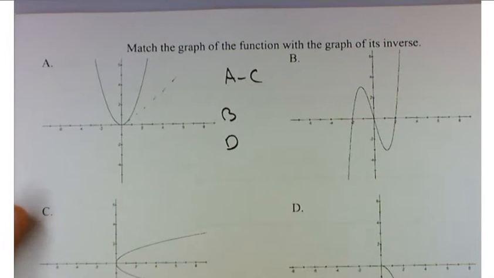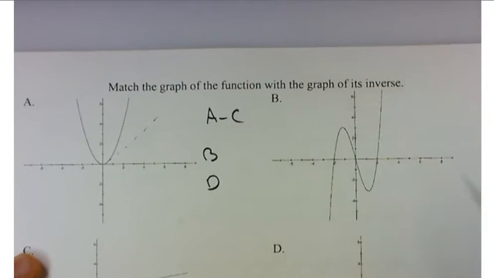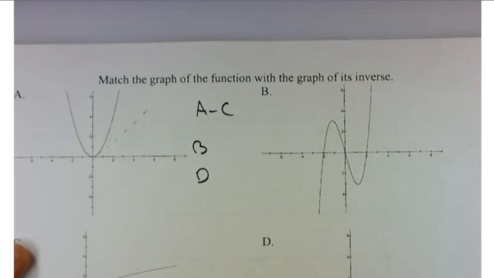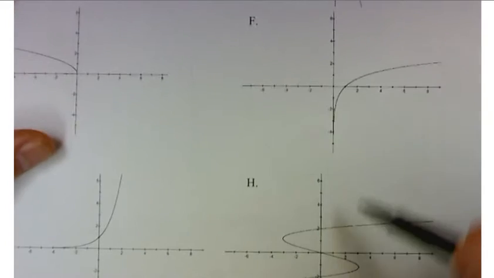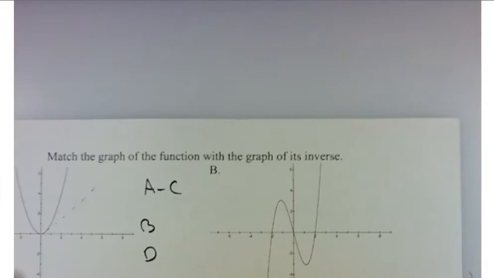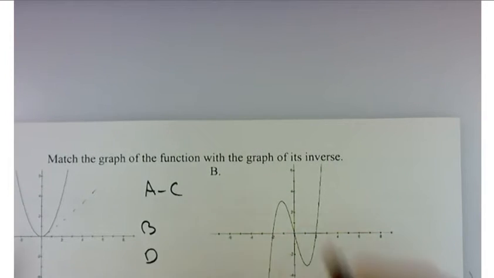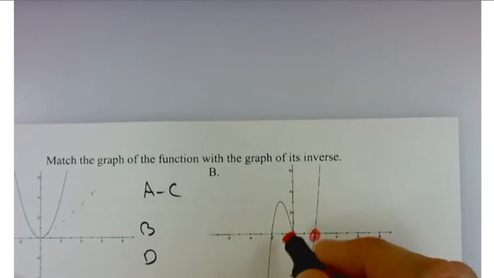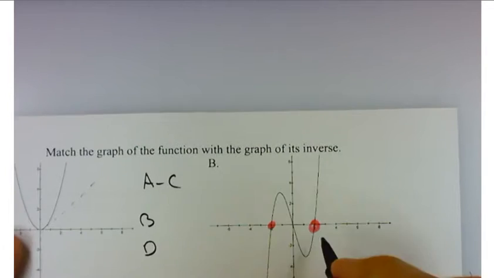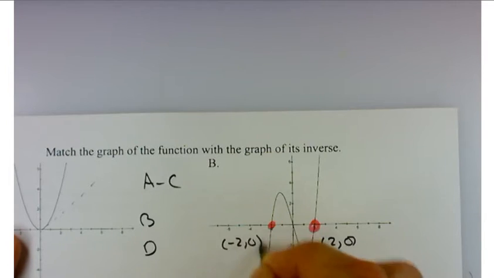Okay, so which graph goes with B? What's the inverse of B? H, yeah. If we look down here, that graph has been reflected, and you can see that in a different way. Let's take a look at a couple points in particular. Say these couple. So I have a point at 2, 0, another one at negative 2, 0.